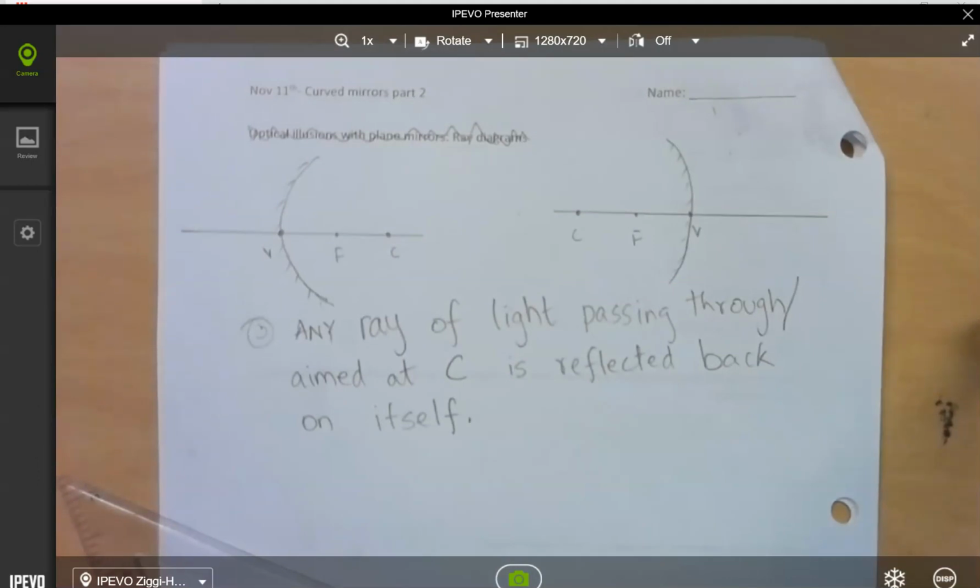Any ray of light passing through or aimed at C, the center of curvature, is reflected back on itself. Through the focal point or at the focal point. And we'll make a table later, don't worry.